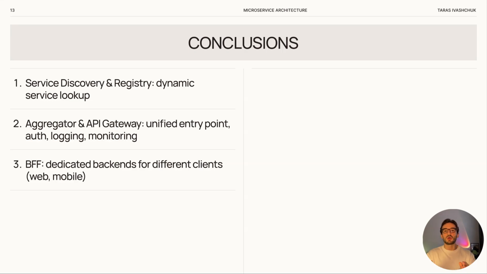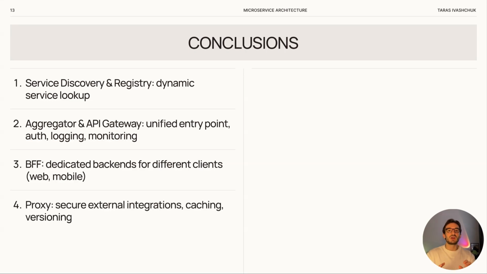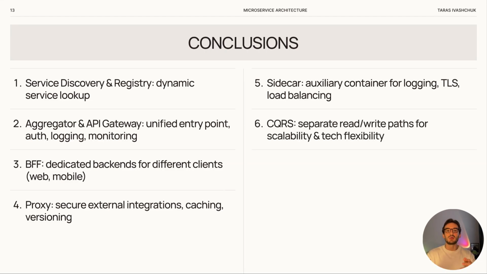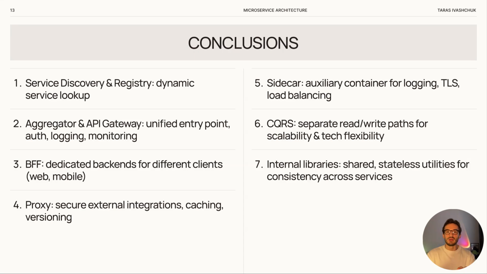Next, we discussed proxy for safe integration with third-party services and sidecar, which takes helper functions such as logging, TLS, or load balancing. After that, we focused on CQRS, which separates read and write for better performance and scalability. And finally, we finished with the idea of internal libraries. They are not a pattern, but they help avoid code duplication and keep unified standards across the whole system.